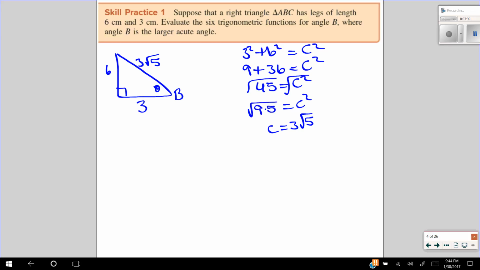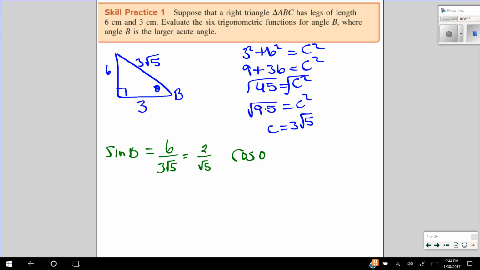So sine of theta, or we can actually say sine of B, is opposite 6 over 3 root 5. Now, even though I'm not going to make you rationalize the denominator, you should still simplify it if you can. So this would actually be 2 over root 5.